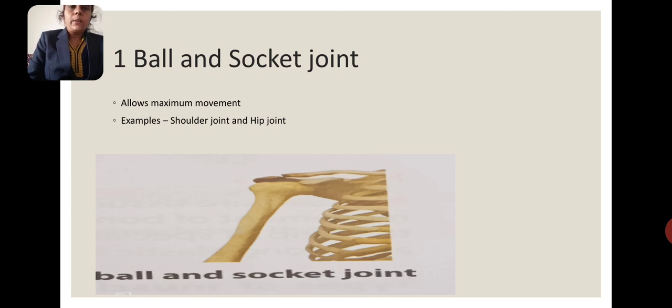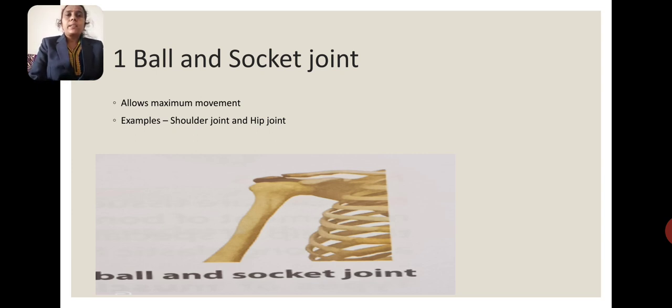First one is the ball and socket joint. In the slide you can see the figure given to you, showing how the ball and socket joint is there. It allows the maximum movement whenever our body requires movement.